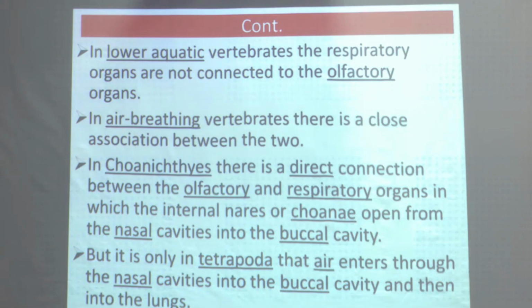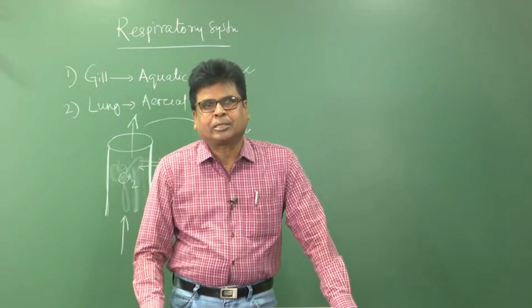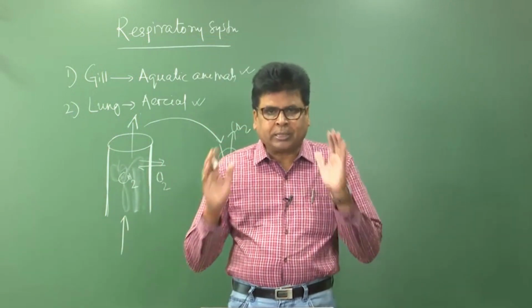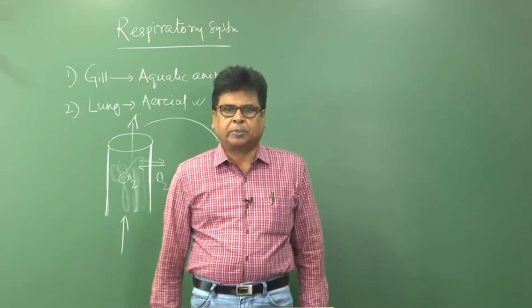So that is a common passage for transportation of the food material and the air. But it is only in tetrapod that air enters through the nasal cavity into the buccal cavity and then into the lungs. Okay, so this is very much designed in case of the tetrapods. So this is a brief idea regarding the introduction of the respiration.